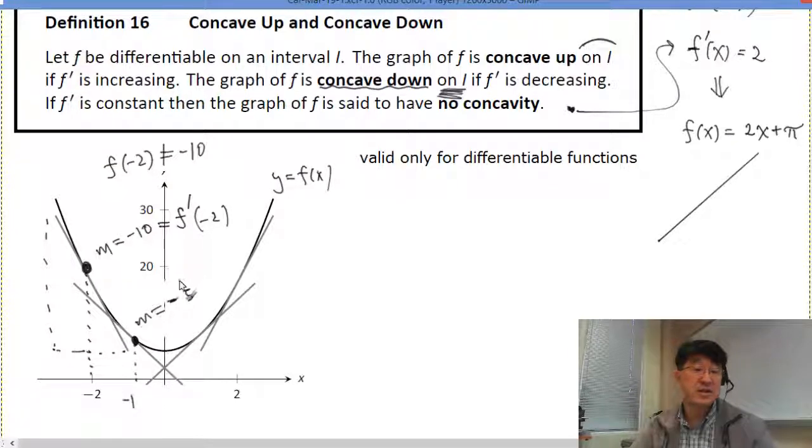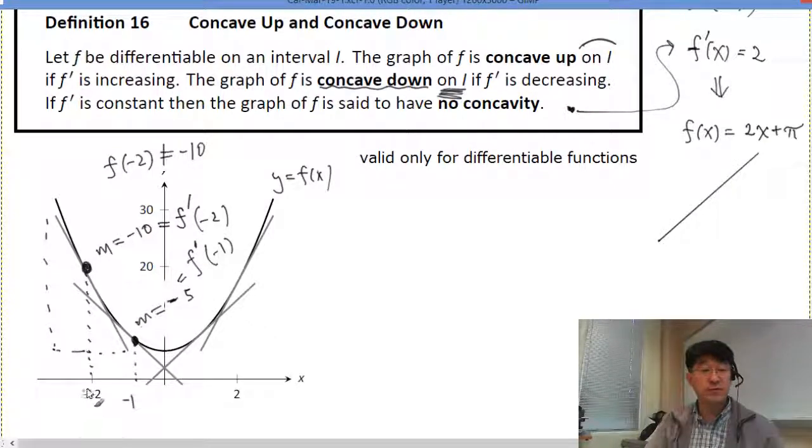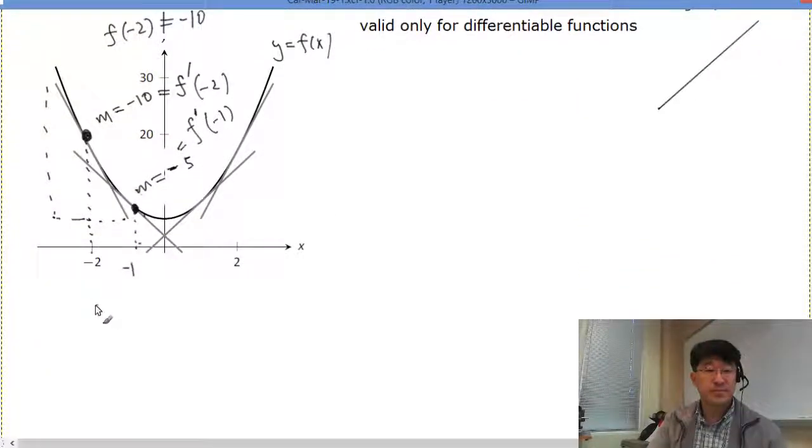All right, again, this is what of -1? F prime. Going from left to right, -2, -1: is this -10 to -5 increasing or decreasing? From -10 to -5, that's how the value of a derivative is changing, right?